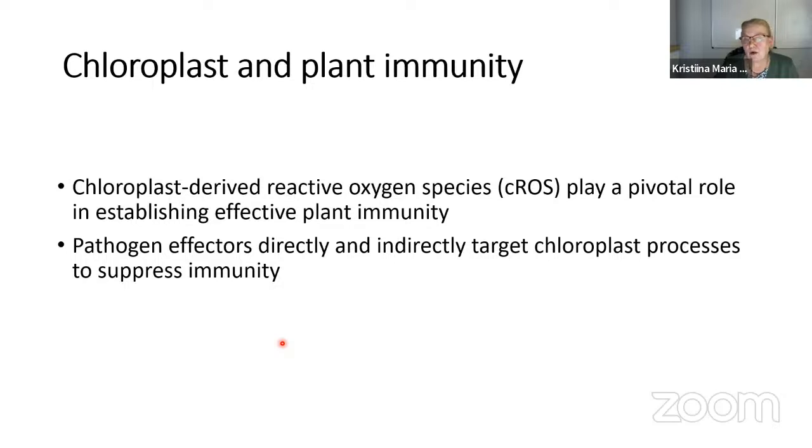And quite often, similar to the effectors in the cytoplasm, the chloroplast ROS production can also be affected by pathogen effectors that directly and indirectly target these chloroplast processes. And in this way, the pathogen can also try to suppress this chloroplast-derived immunity.